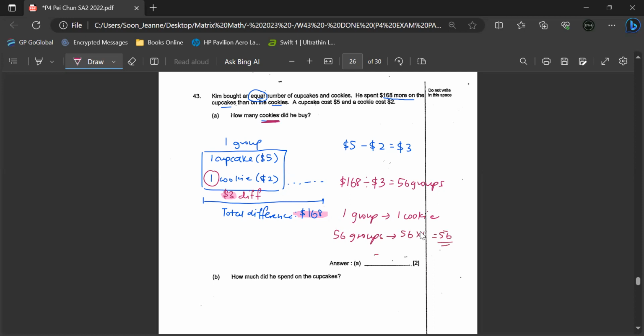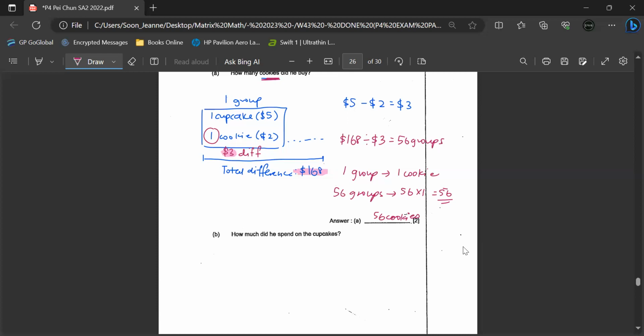The answer is 56 cookies. Okay, so remember I already said before, groups and number of things are different. Although it's still 56, it meant different things. This is 56 groups, but you need to times 1 to let us know that you have 1 cookie in 1 group. So times, you get 56 cookies.